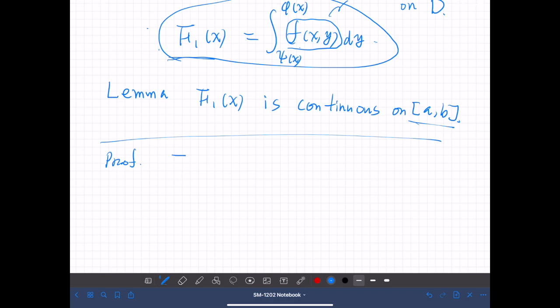What we want to show is that f1 of x, as defined by this, is continuous at every x0 in this interval.